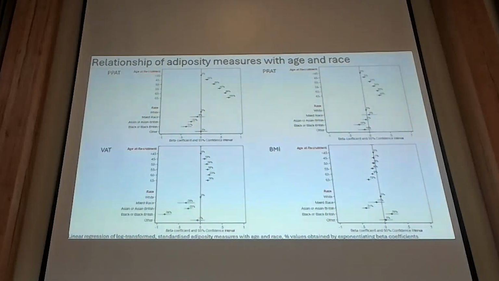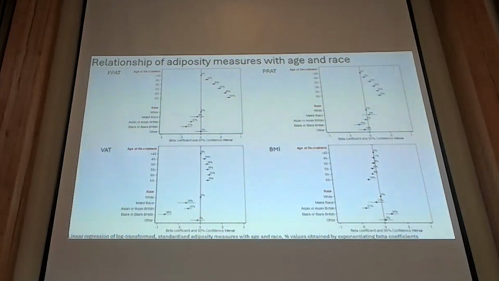We see this to some extent for PRAT, perirectal adipose tissue, and for abdominal visceral adipose tissue, but not to the same extent. And of course, we know from other published work that visceral adiposity tends to increase with age.